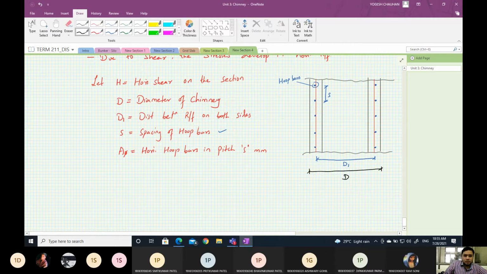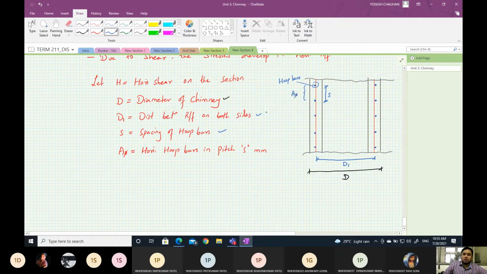That is D. Okay, and A5 is the area of the reinforcement of these hoop bars within this pitch. Okay, within this pitch length, the reinforcement hoop is A5.